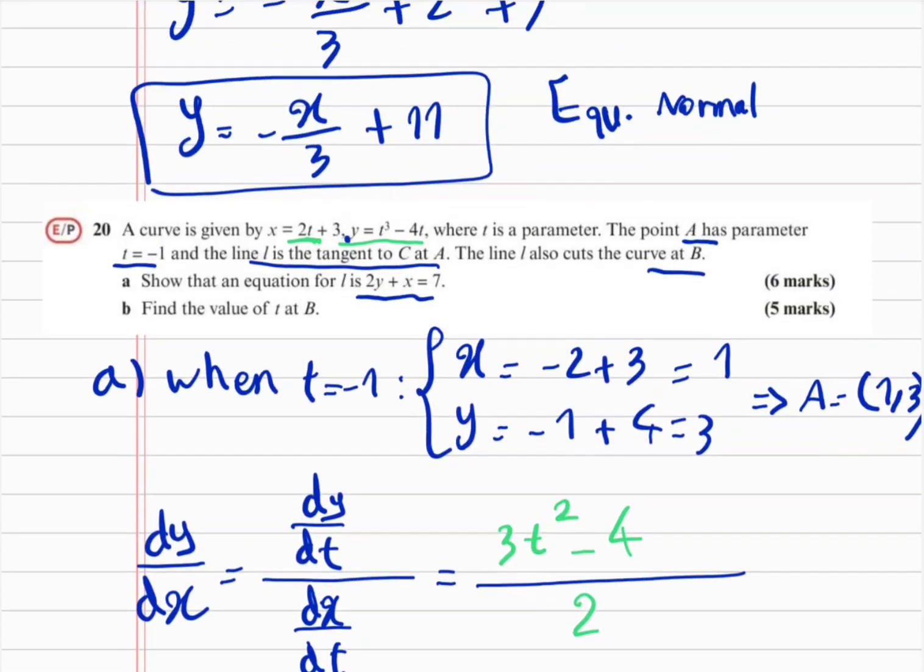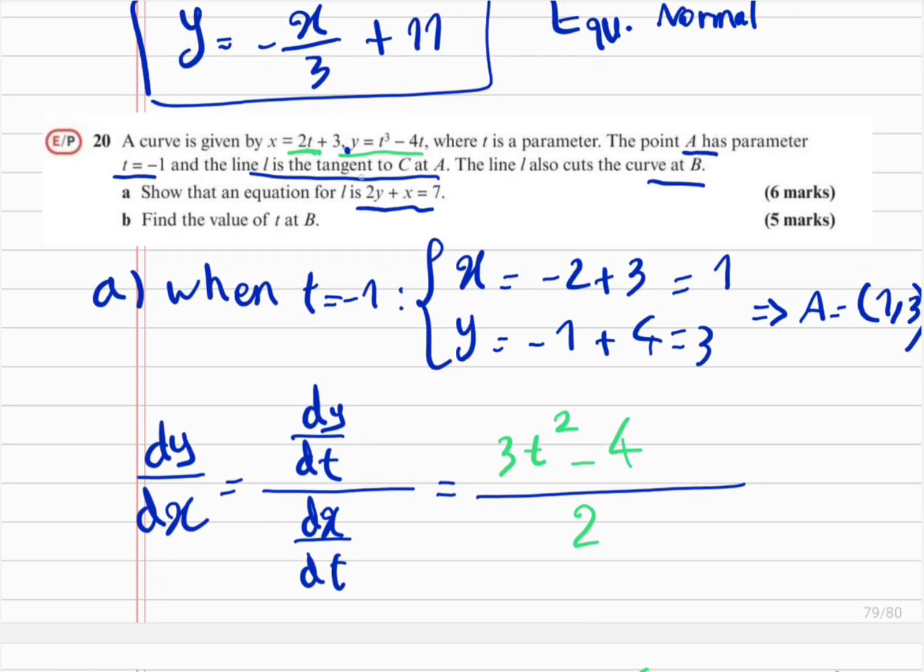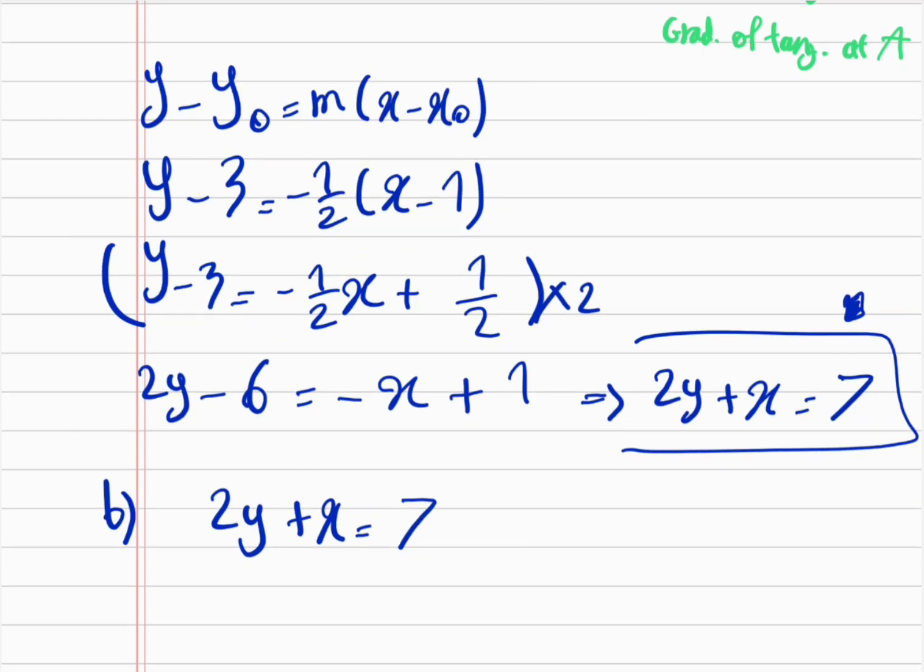We know what x is and we know what y is. So we just need to substitute x and y into the equation of the tangent line. And by doing this, we have everything. We have an equation in terms of t, and that's exactly what we want.